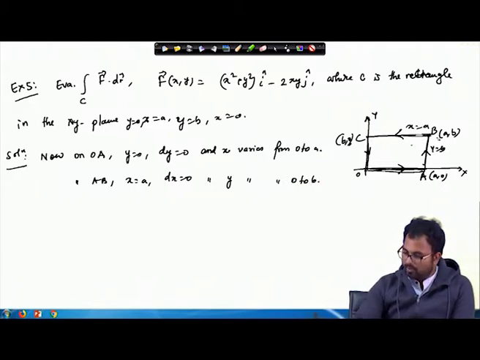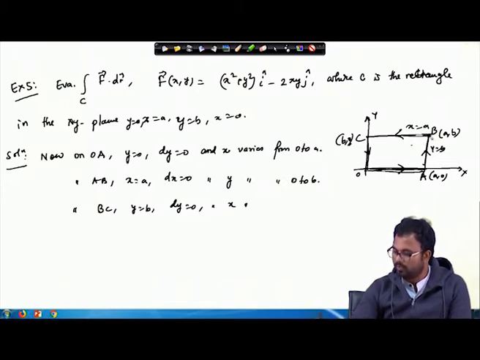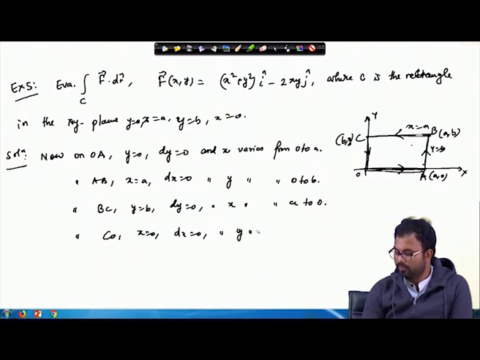On BC we have y equals b and therefore dy will be 0, and x varies from a to 0. On CO, x is 0, so dx is 0 and y varies from b to 0.